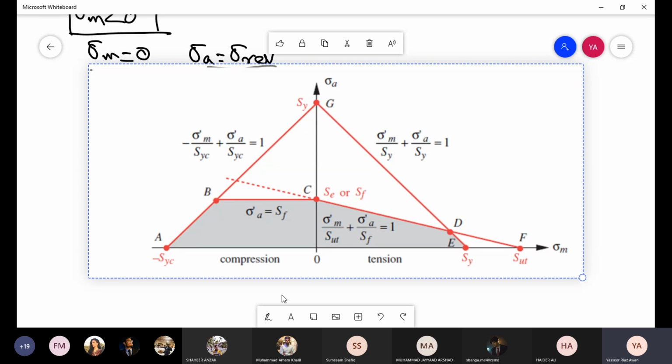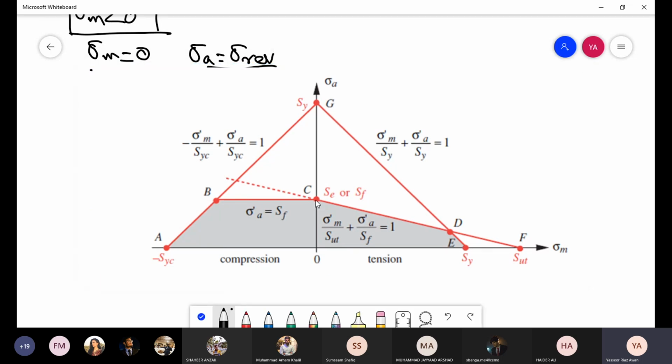So this is the modified Goodman diagram. That has also been drawn for the compressive region. Okay? So in tension, you connect SE with SUT on the sigma M and sigma A axes. Okay?